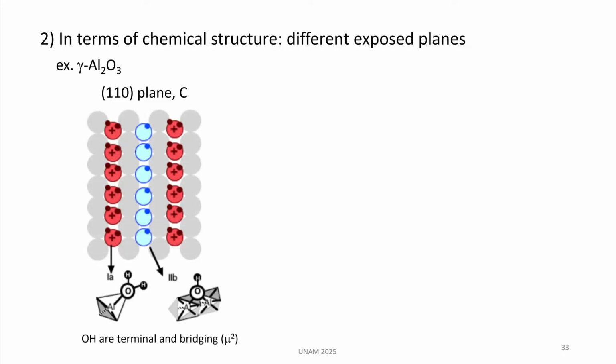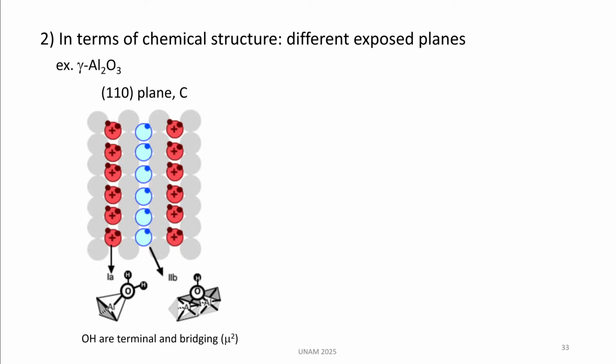Now, as we have already seen for cristobalite, if you are looking at different crystal planes of the same structure, of the same crystal, you will not have the same arrangement of atoms. And for slightly different examples here, on gamma alumina, which is a spinel oxide for those who know crystallography, if I cut it along 110, I will get something like this.